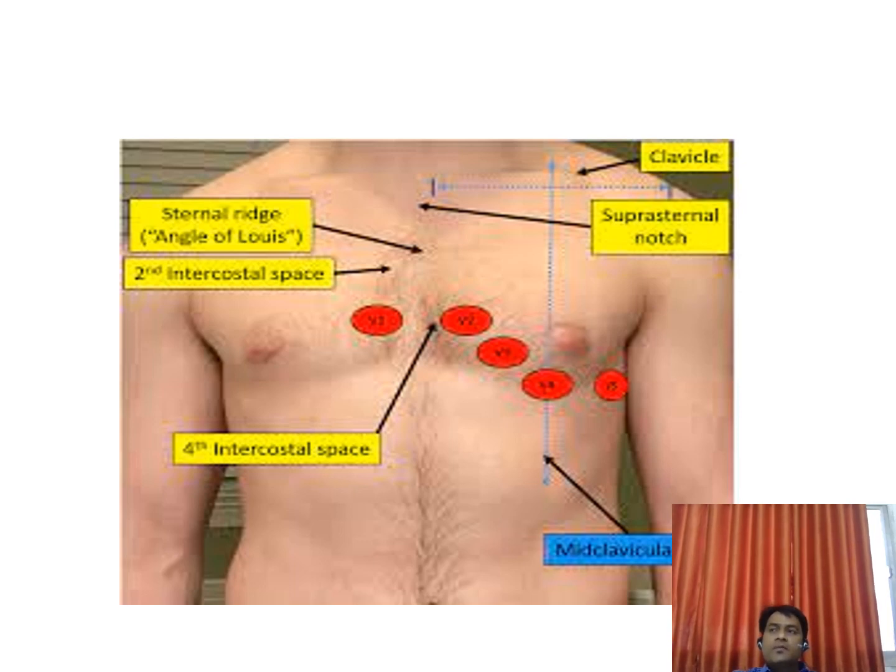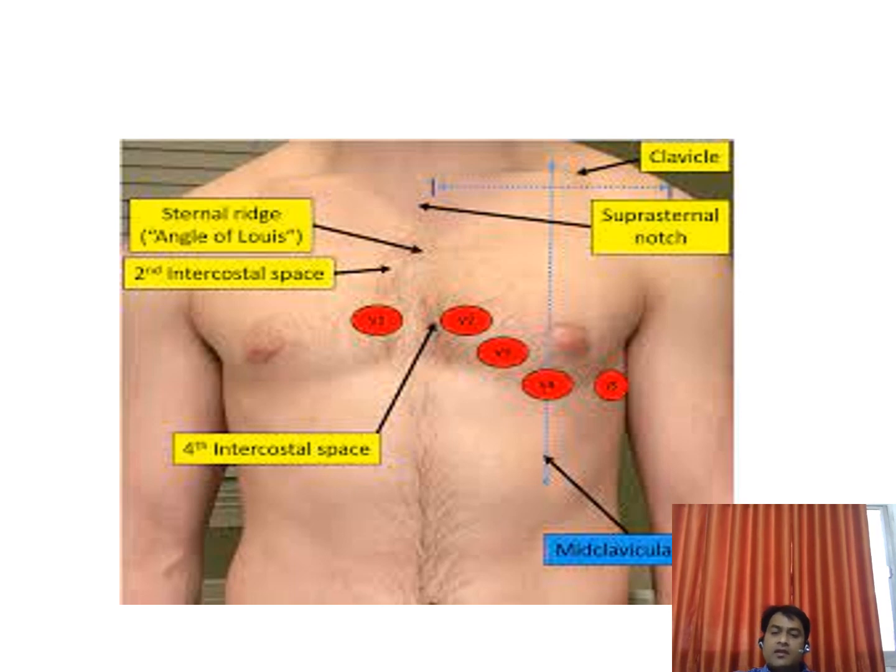So if we place the active electrode over the right arm, that combination is called VR. If you place the active electrode on the left arm, that combination is called VL. And if you place the active electrode on the left foot, that combination is called VF. So you have VR, VL, VF. These are the three combinations.